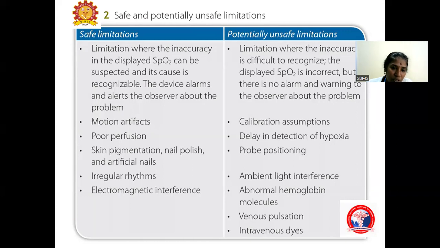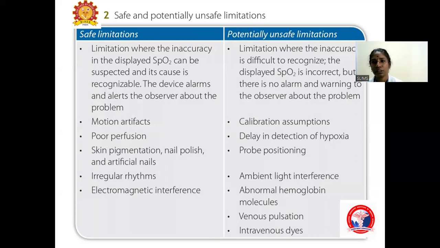If they have poor perfusion, we can't assess the oxygen carrying capacity, and we can't get the waveform adequately. Skin pigmentation, nail polish or artificial nails will hinder it. And irregular rhythm: if the patient has arrhythmias, we can note it in our SpO2 waveform. You all know the anacrotic notch and dicrotic notch. In that limb, we can make out the alteration, and if there is any alteration, we can assess the rhythm of the heart. Then electromagnetic interference. So these are all the safe limitations.